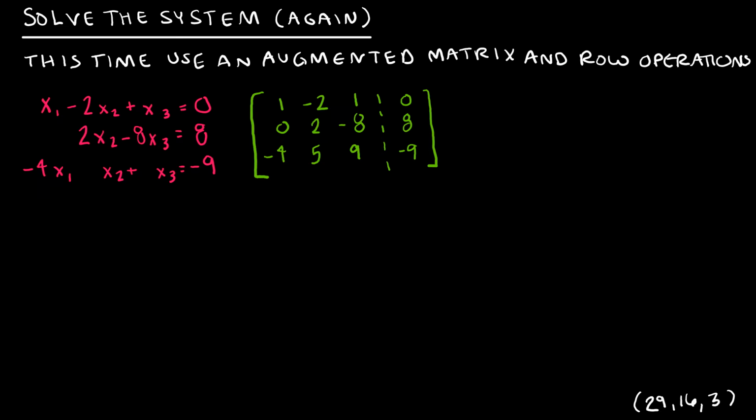This question should look familiar to you because we just solved this in the last video using elimination. Now obviously I want to use augmented matrices and row operations. We haven't really talked enough about a good strategy, so I just want you to follow along with me, and I'm not going to give too much of the strategy away because I'm going to talk about that in the next video, and the video after that.